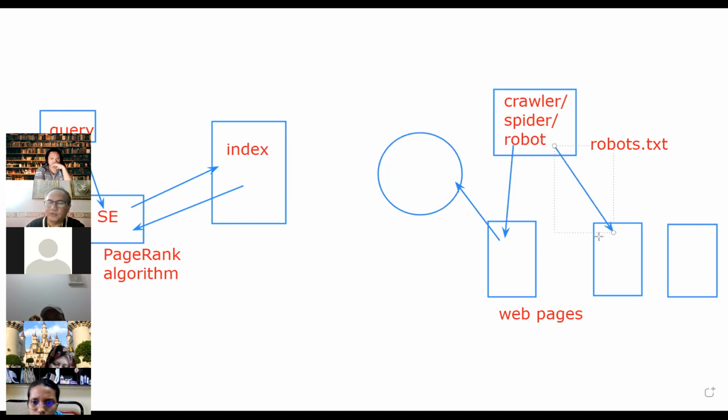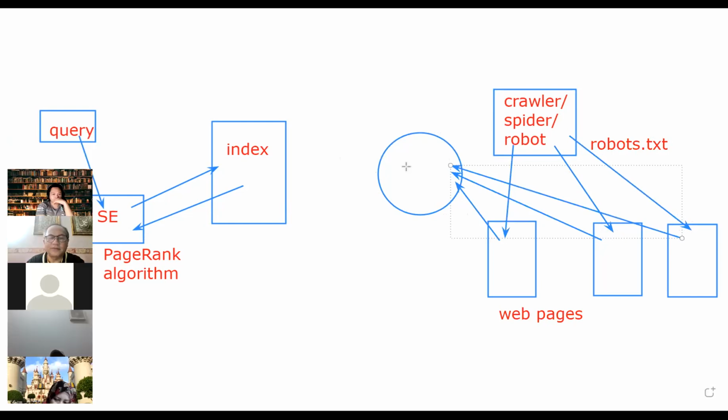As long as there is no firewall that stops them from going in, because they have this identifier, the robots.txt text file identifies who they are. Then they move in, and from this we have an indexing system.